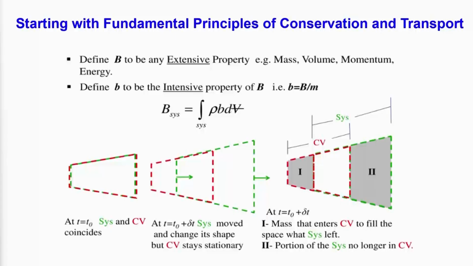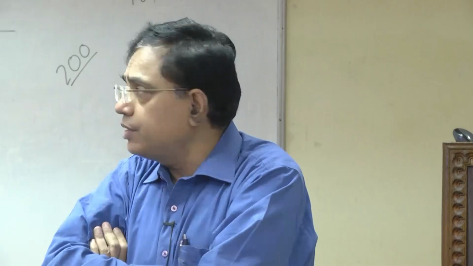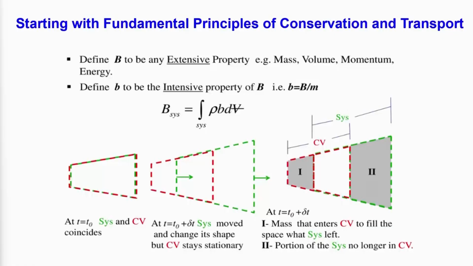This is a principle of conservation and transport, with which we started our foundation topic discussions. Let us say you have a channel of varying cross section. This is a very simplified view, not that our blood vessel is like that with a tapering shape, it will have some different shape, but this is just a simple drawing. The system is a control mass system, that means a fixed mass.